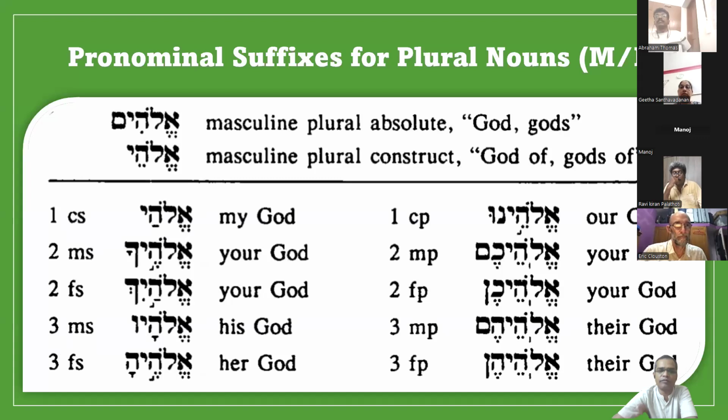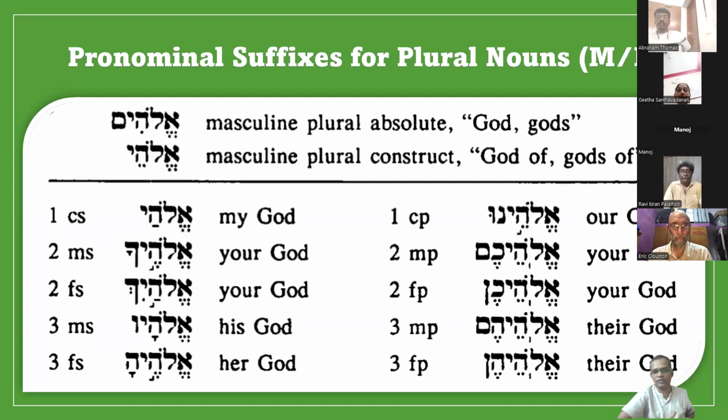Now, plural form. Elohim. When Elohim is placed in the construct state, it becomes Elohe. What you have to notice here, especially with regard to the masculine plural, is that tsere is the sign of a construct state noun. But while adding pronominal suffixes, that tsere will disappear.